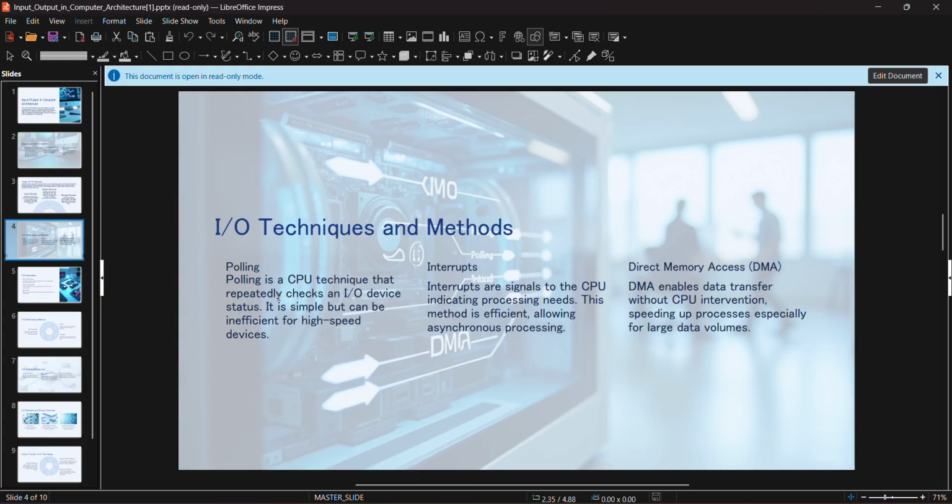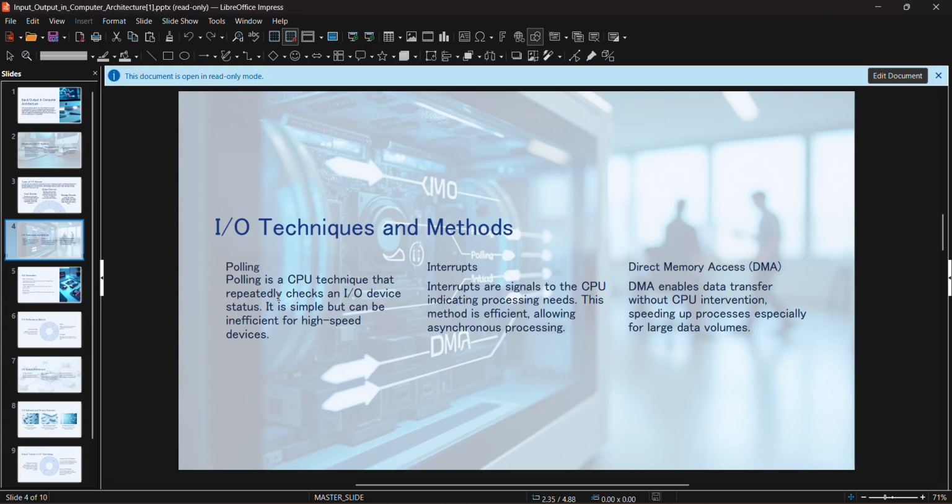The interrupts are signals to the CPU indicating processing needs. This method is also very efficient, allowing asynchronous processing. We'll get to asynchronous processing shortly.